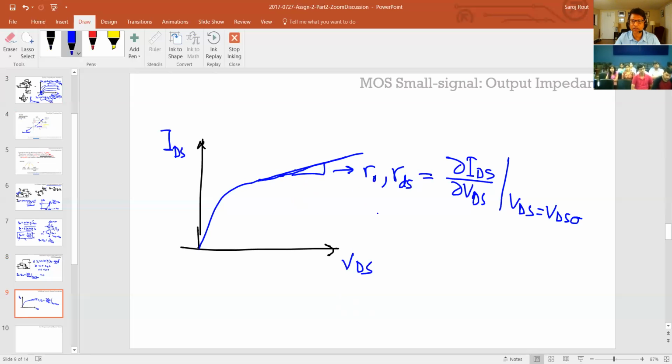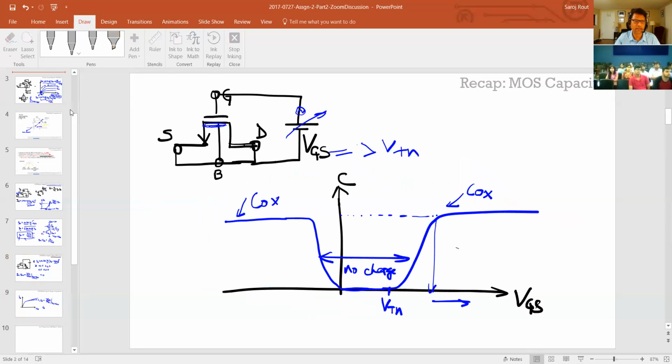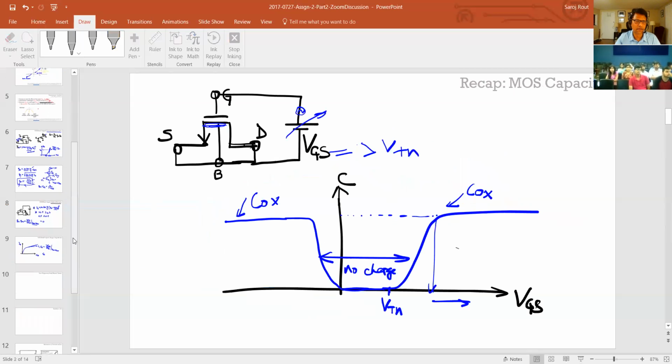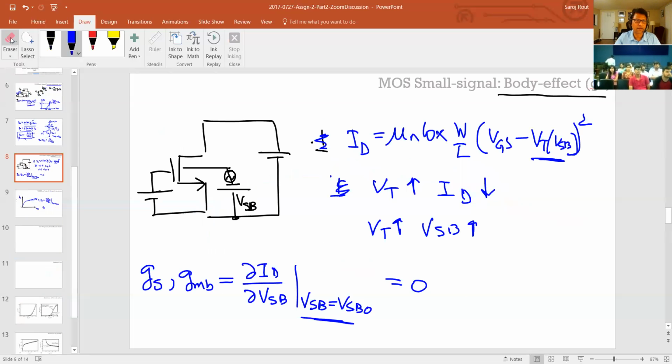So that's why, when we write the RDS equation, oh, I forgot to give you the expression for GS. Just for completion's sake, again, for most hand calculation you won't be using this.